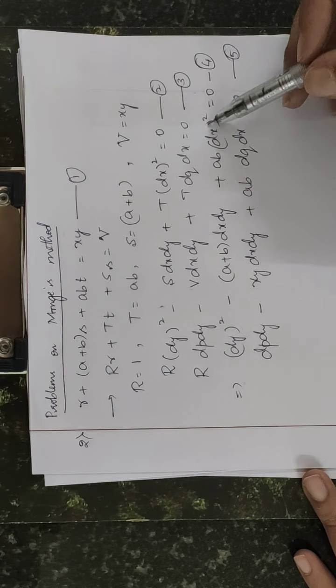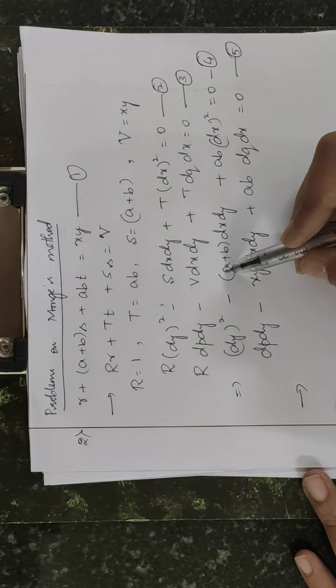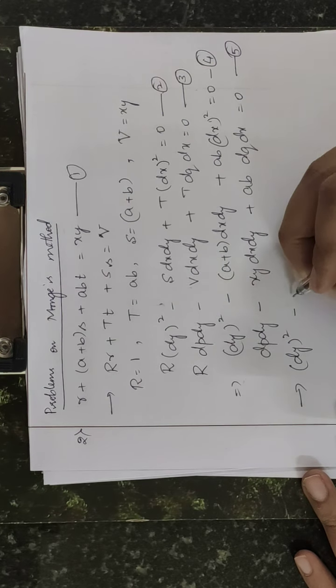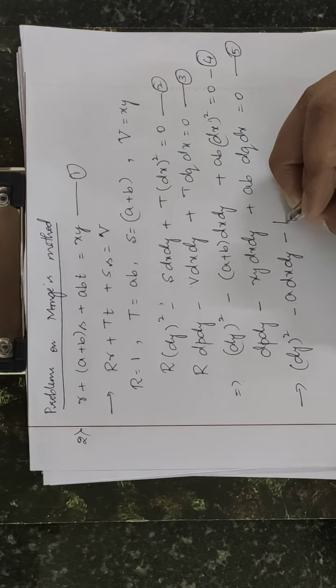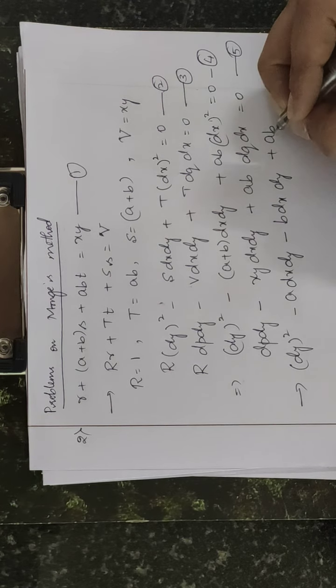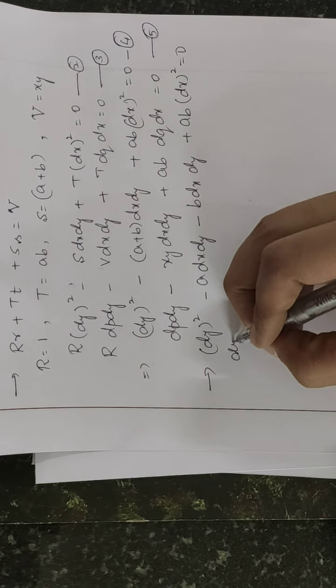So from equation number 4, I can rewrite this as (dy) whole square minus a dx dy minus b dx dy plus ab (dx) whole square is equal to 0. Now take dy as common, and dx as common in the remaining terms.